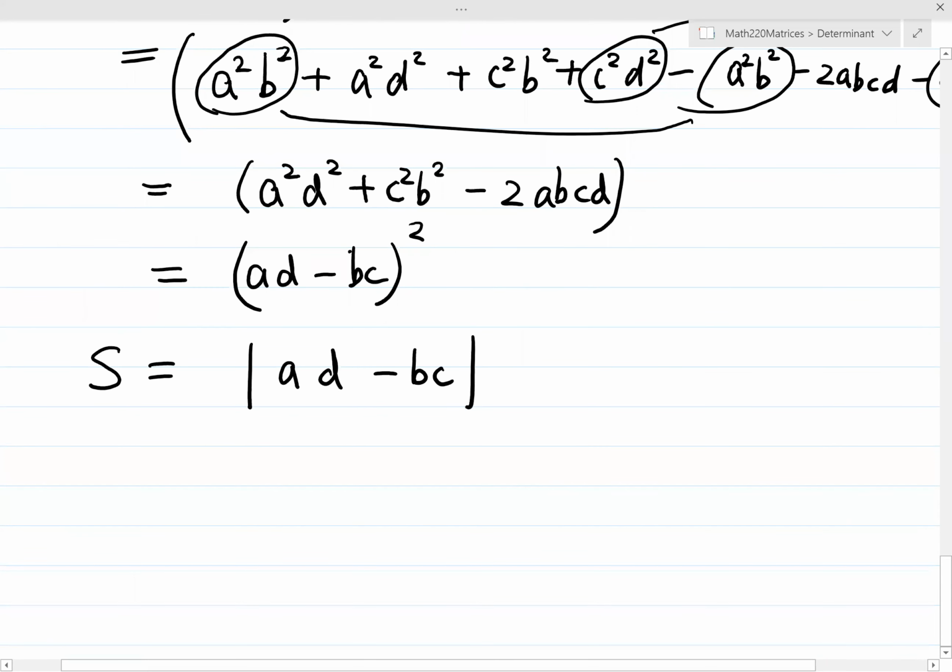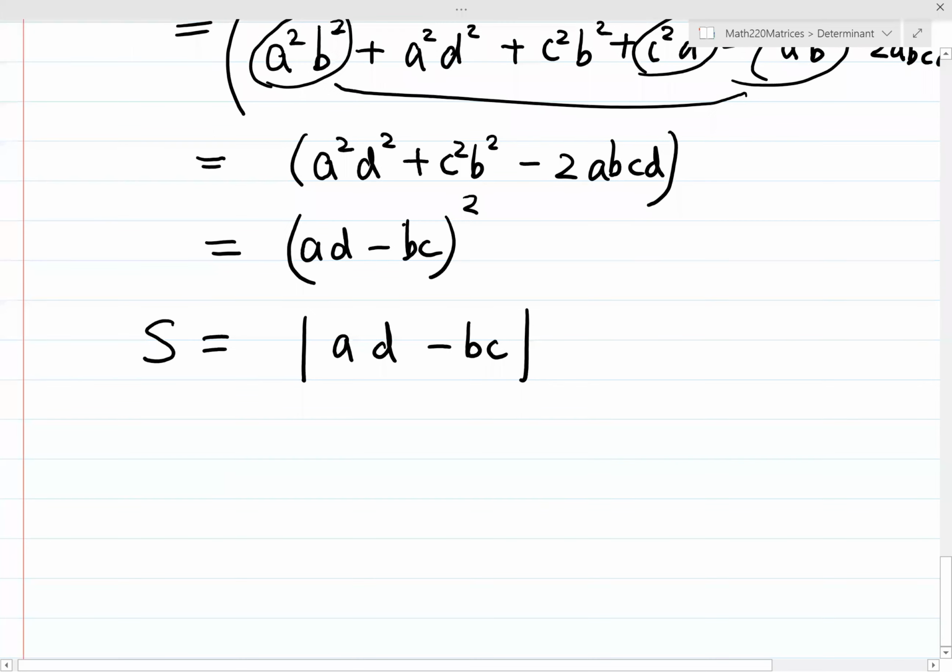So a possible definition for the determinant is the volume of the parallelogram. We still need some more work to show that the determinant of the matrix ABCD should be AD minus BC. There is still a little more work to do.